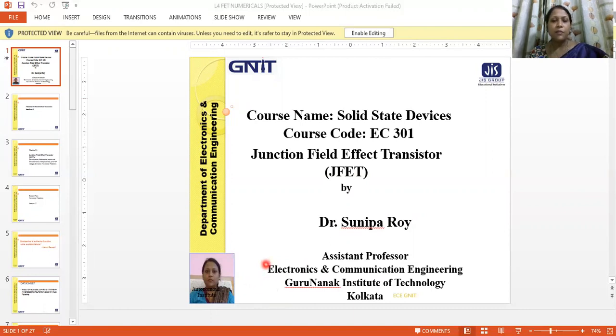It means that JFET behaves like an ordinary resistor.